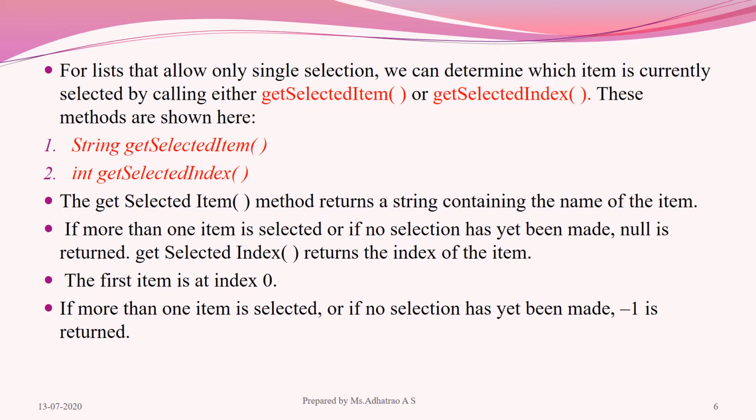If more than one item is selected or no selection has yet been made, null is returned. And the second method is int getSelectedIndex, which returns the index of the item. The first item is at index 0. If more than one item is selected or if no selection has yet been made, -1 is returned.